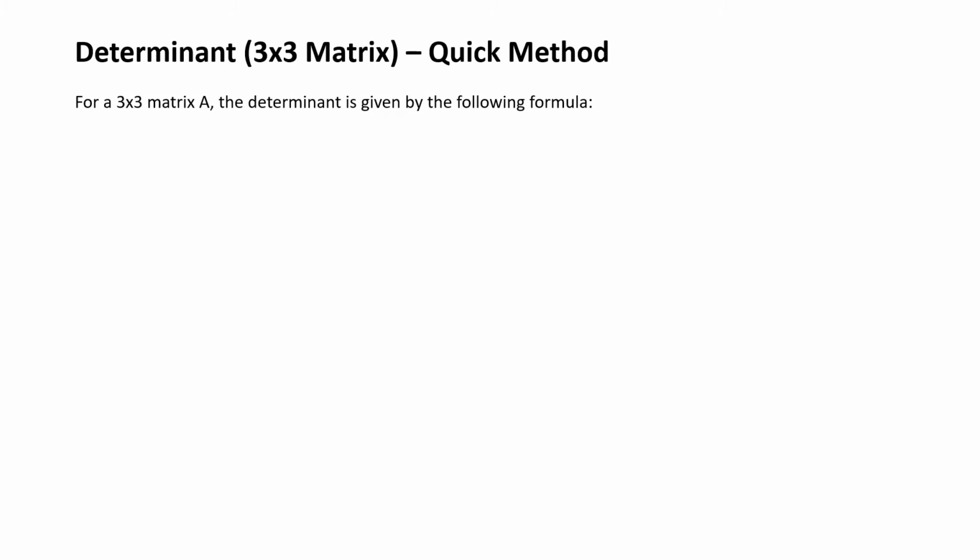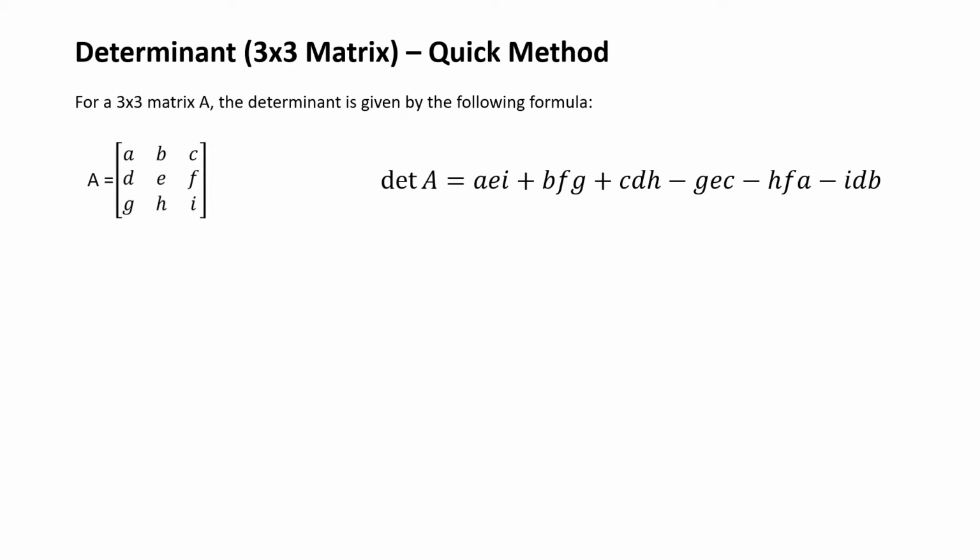For a 3x3 matrix A, the determinant is given by the following formula. Now, how do we obtain this formula? Given matrix A, the first step is to copy the first 2 columns of matrix A to the right of the matrix.